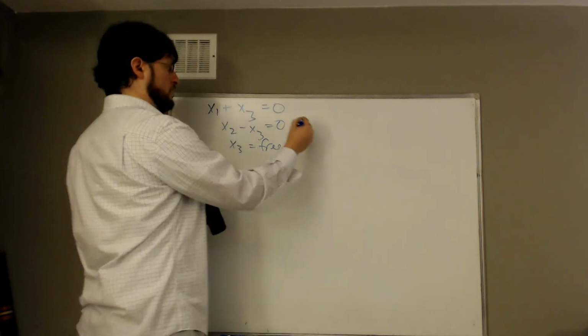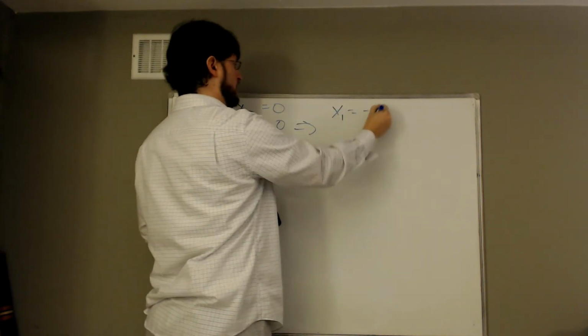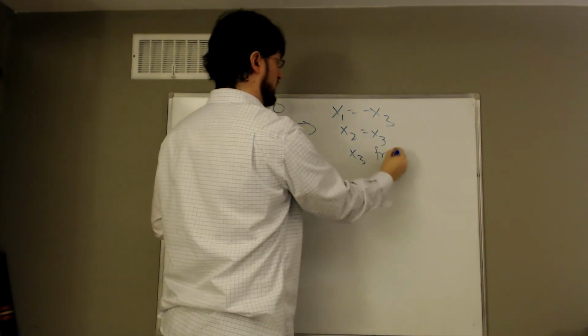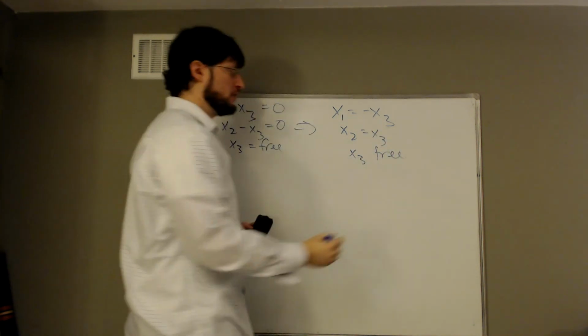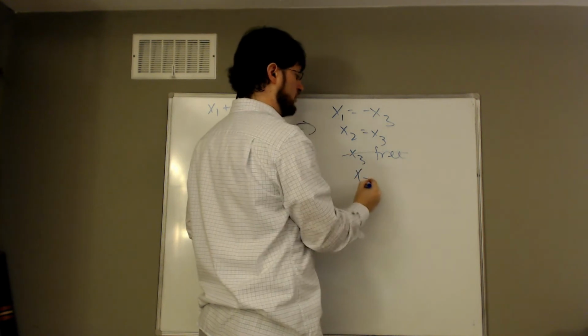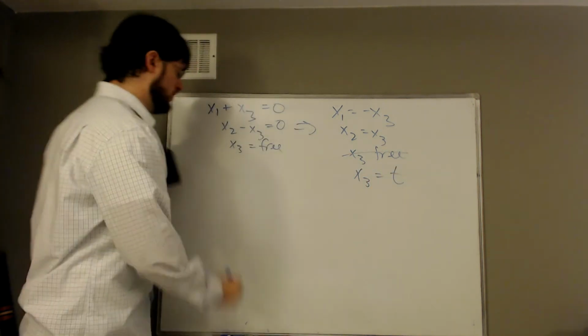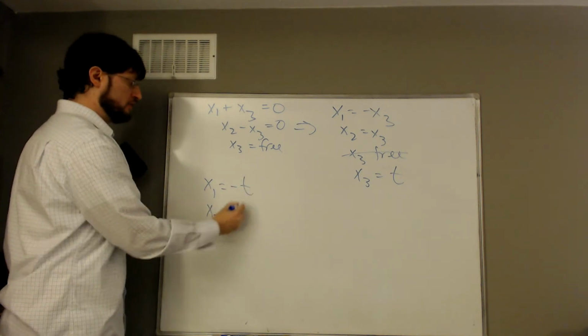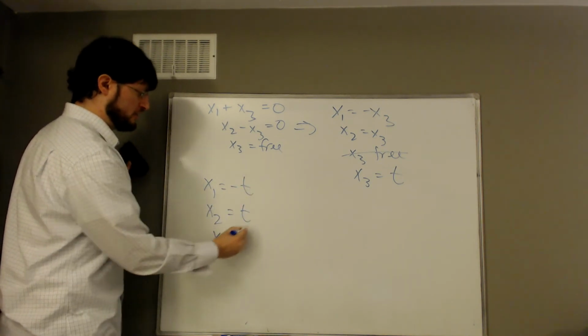Which becomes x1 is negative x3, x2 is x3, x3 is free. Remember that we take every free variable and write it as some parameter. So really we get x1 is negative t, x2 is t, x3 is t.